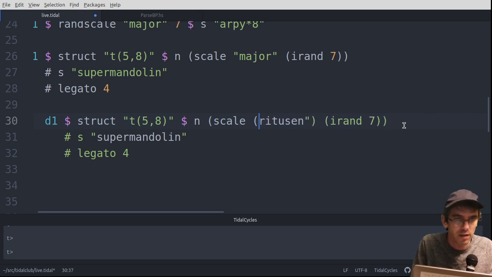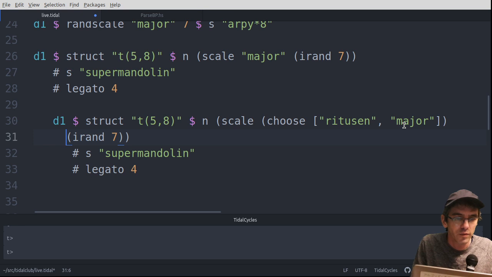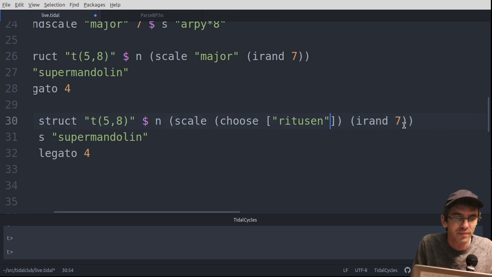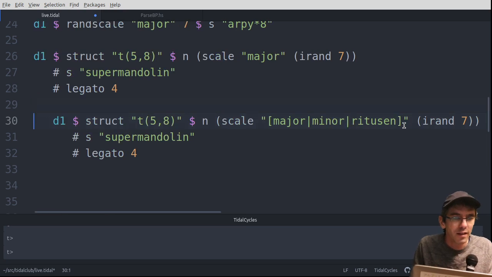It's the same really. Well, actually choose would pick one every note, I think. So that would sound a bit more random. And that would be once a cycle. So now both the scale that's used and the note is random in a different way. So hopefully that answers your question.